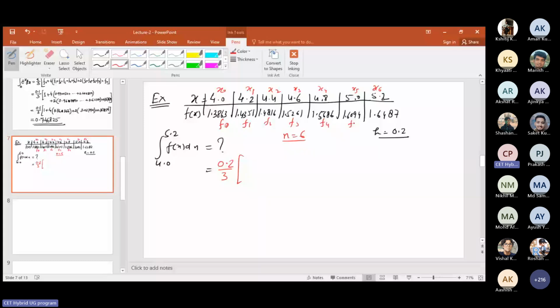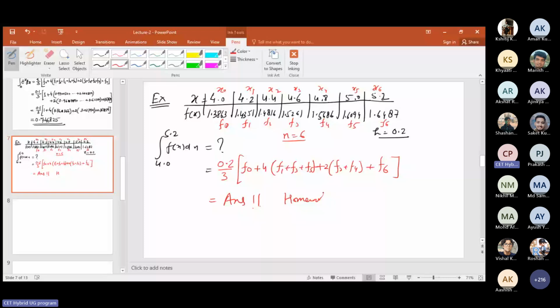So what will be the value here? F0 plus 4 times, remember the formula, F1, F3, F5; F7 is not there. Plus 2 times the even ones, F2, F4, not F6, because F6 is the last one. Plus F6. Substitute all the values and get the answer, whatever the values. This is left as homework.